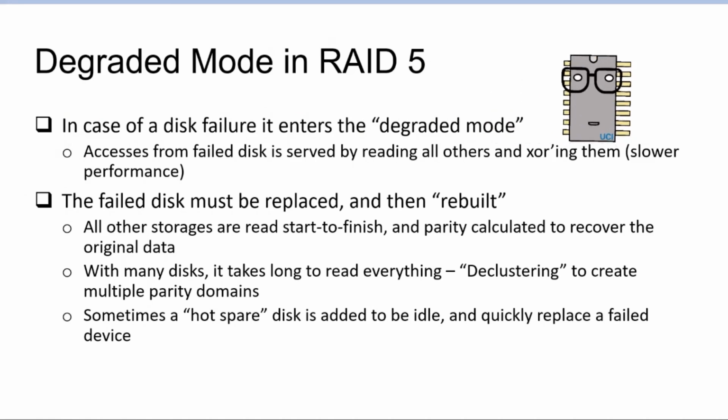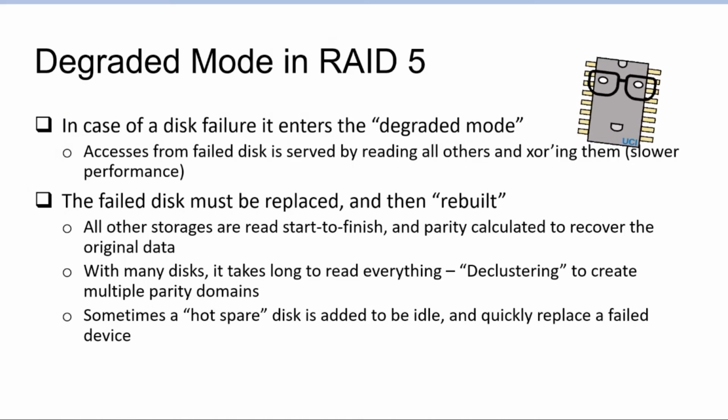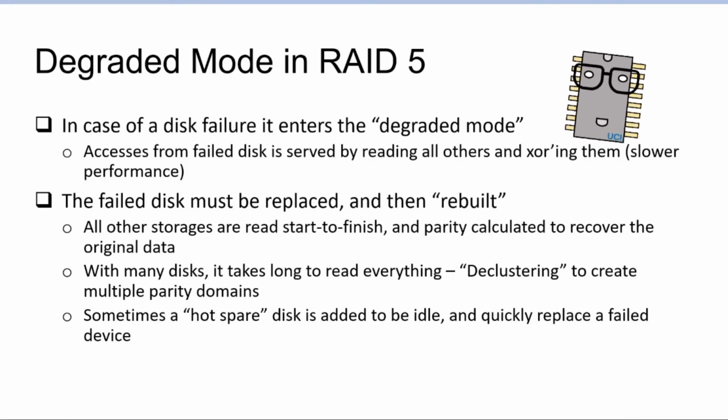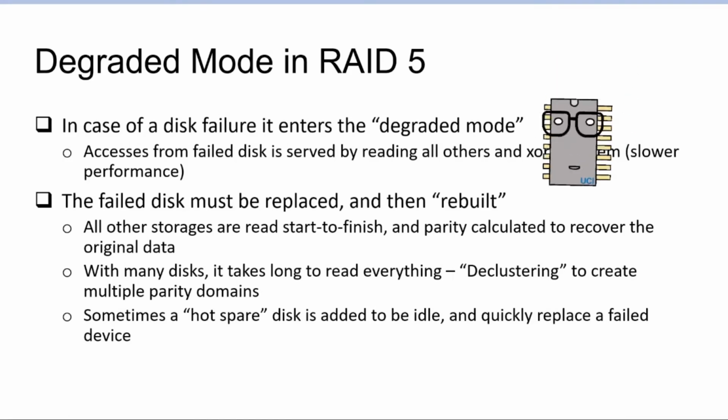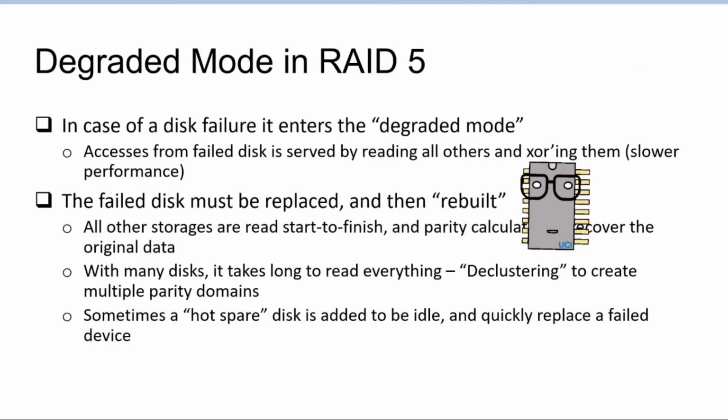So if you want to read A1 from the previous slides and storage device 1 died, then every time someone wants to read A1, you have to send 3 read requests, to A2, A3, and AP, and then XOR them together to get the correct data you want to return. So you're getting 1/3 performance, a 3x slower performance when you're in degraded mode. And so you don't want to be here for very long.